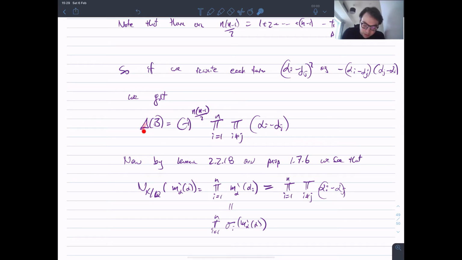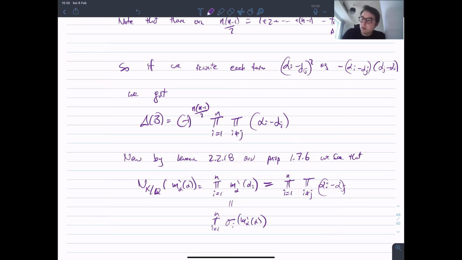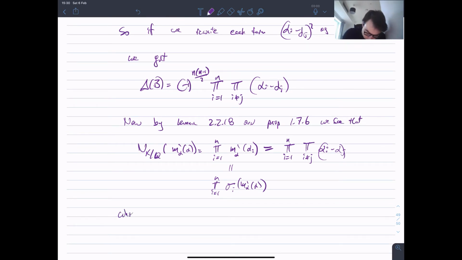So here's my expression for the discriminant, and here's what this norm of this thing looks like, and you can tell that from these two things you get the result. Right, this term is this term here, so if you plug this into here, you get discriminant of b is this sign times this thing, and that's exactly what this proposition was doing.